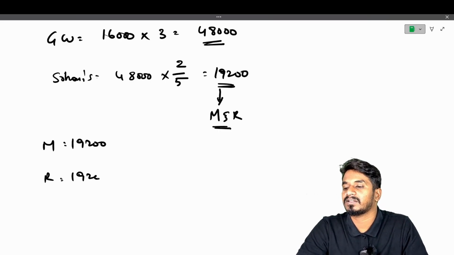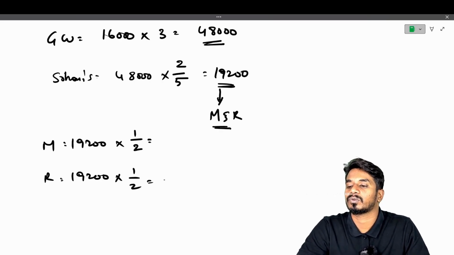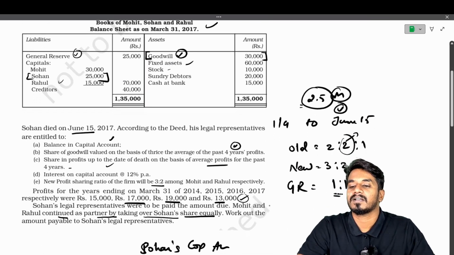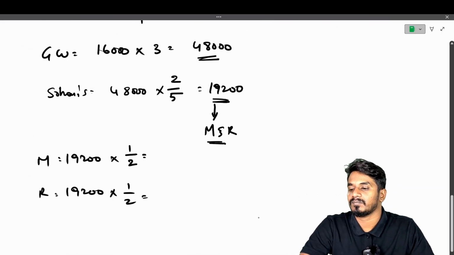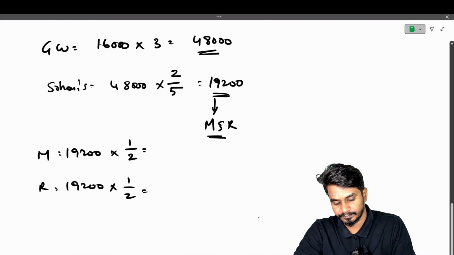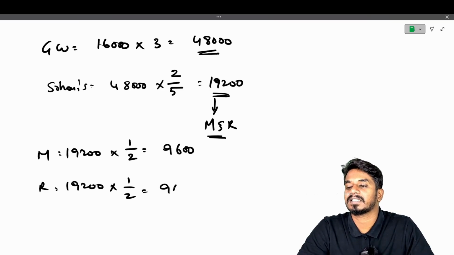19,200, in what ratio will they give? They will give in the gain ratio, 1 by 2, 1 by 2. The gain ratio we have already taken from the question. So each will pay 9,600.